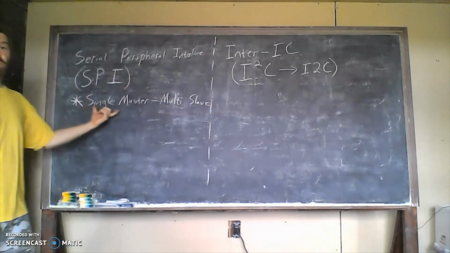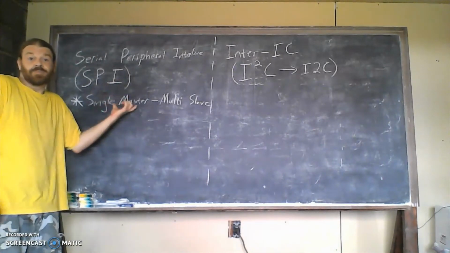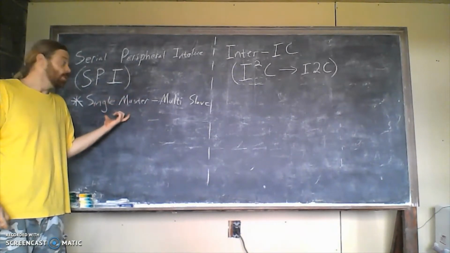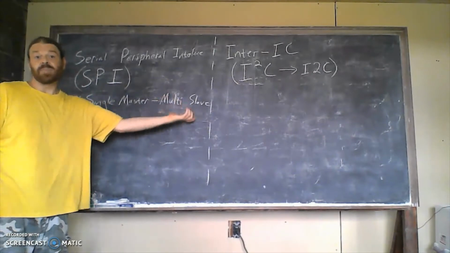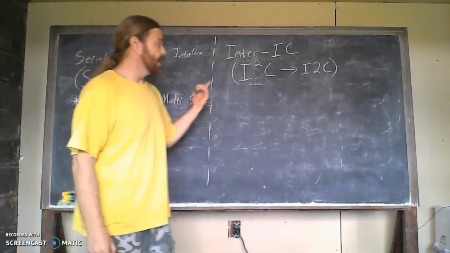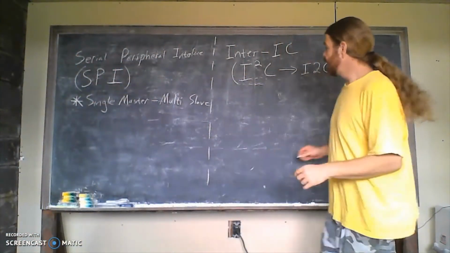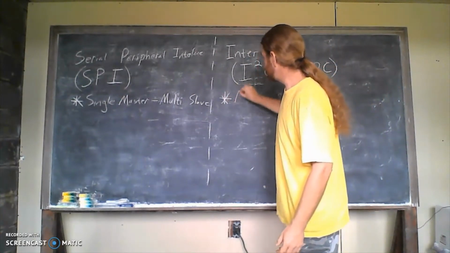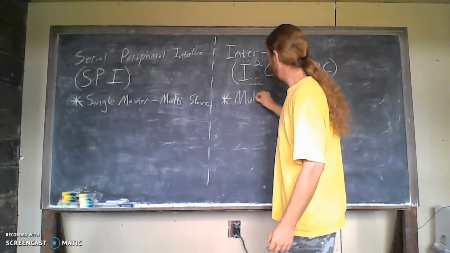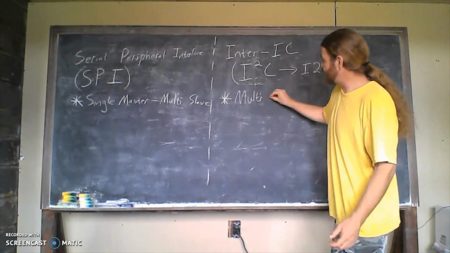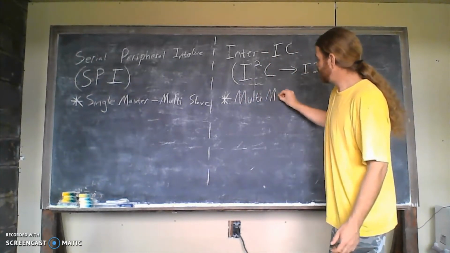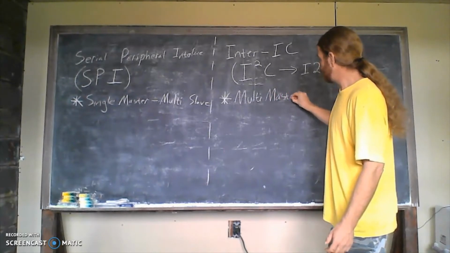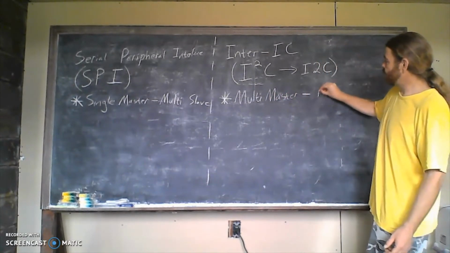So one master, one main control, and then a whole bunch of devices being controlled. And I squared C, the idea is we have multiple masters and multiple slaves.